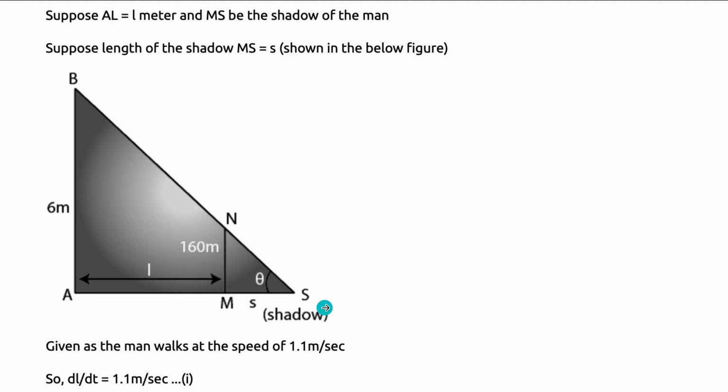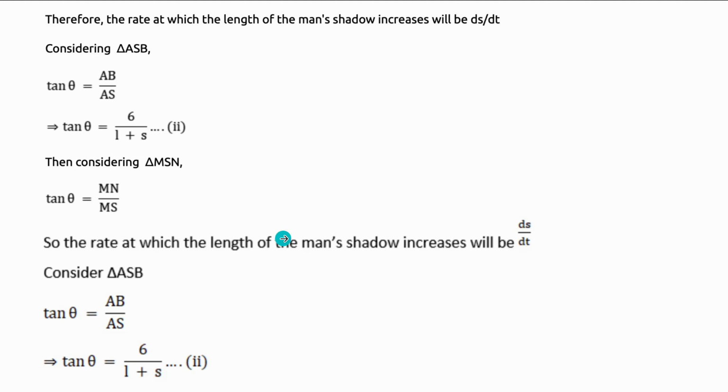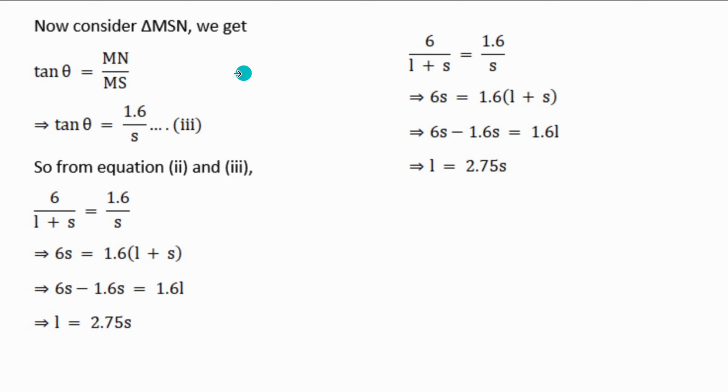And here MS is the shadow. So then the rate at which the length of the man's shadow increases will be ds by dt. And then again considering triangle ASB, we have written this. So now let this be our second equation. Now considering triangle MSN, we get tan theta is equal to 1.6 upon S. Let this be the third equation.